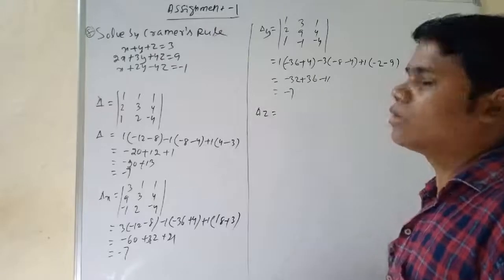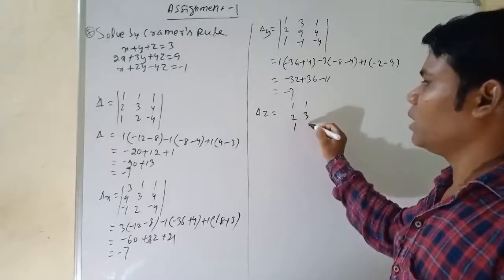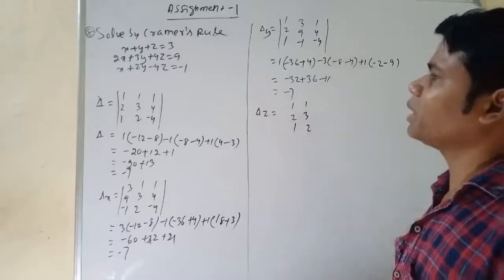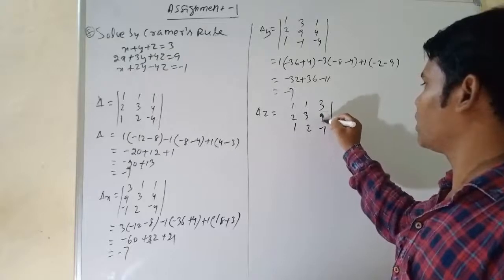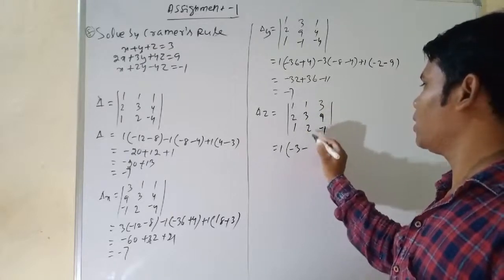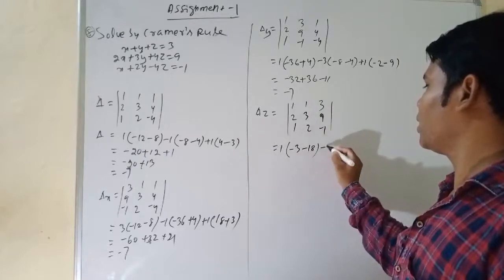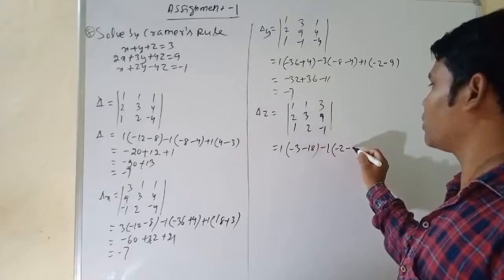Del z is equal to 1, 2, 1, 1, 3, 2. In the place of coefficient of z you put 3, 9, minus 1. Okay, is equal to 1 into 3 into minus 1, minus 3, minus 2 into 9, 18, minus 1 into minus 2, 2 into minus 1, minus 2, minus 1 into 9, 9.